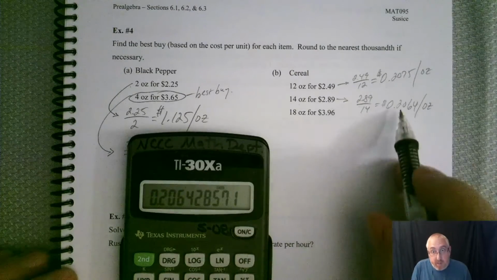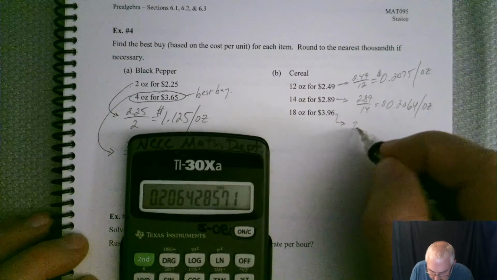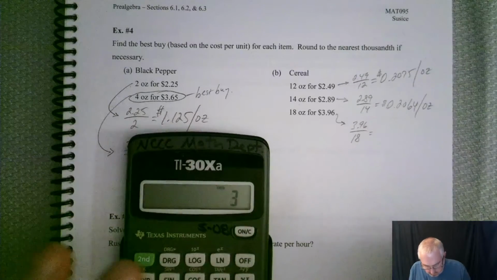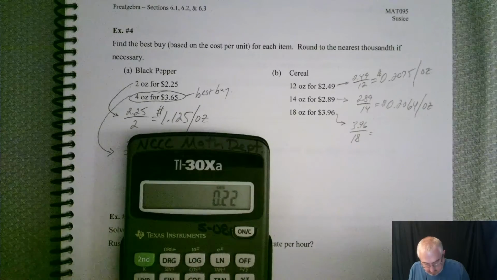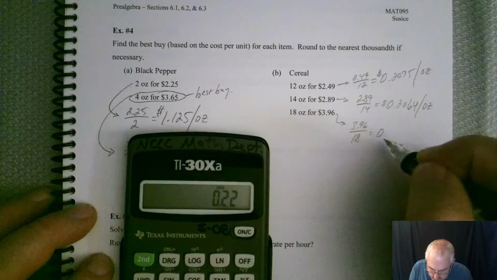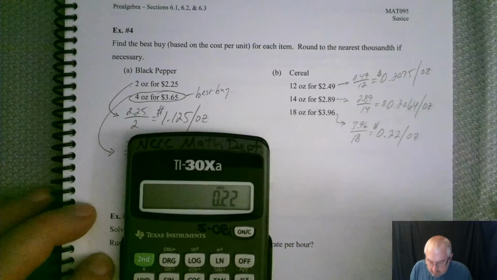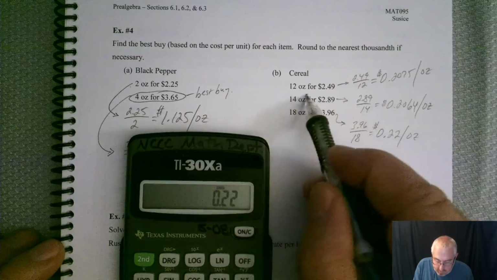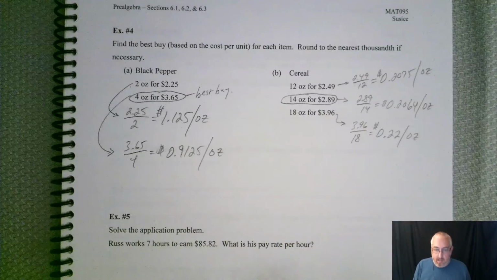But in this case, it's pretty close. So we do want to be careful. And then the last one, let's see how close that one is. $3.96 divided by 18. Oh, that one's a flat 22 cents per ounce. So, well, which one's the cheapest? Not by much, but that middle case, 14 ounces for $2.89. So that's our best buy.